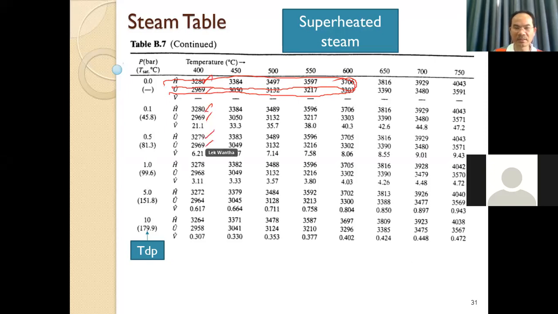Because you can see from this table that when temperature increases, the value of enthalpy or internal energy increases strongly. But for pressure, when pressure increases, enthalpy and internal energy decrease slightly.